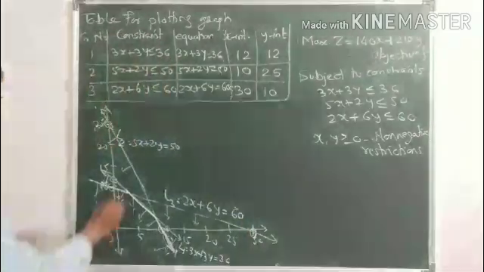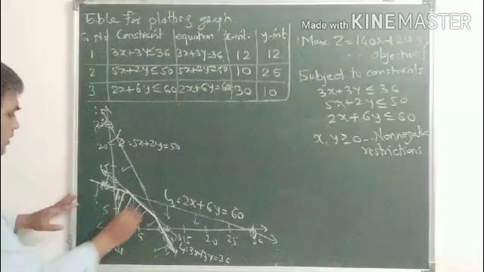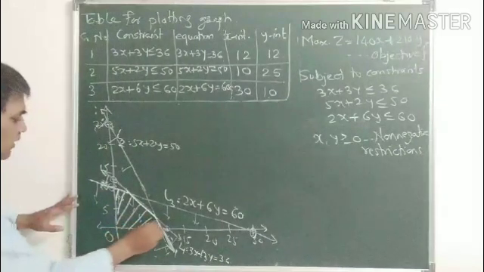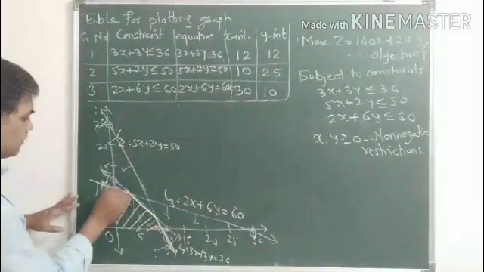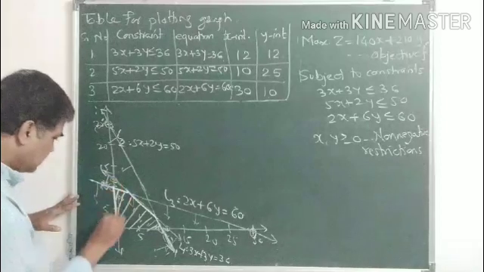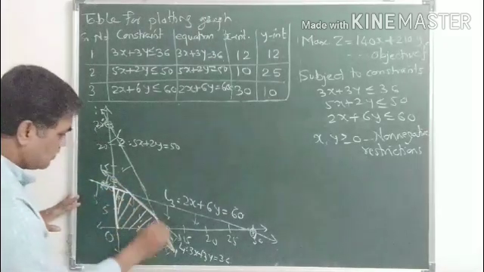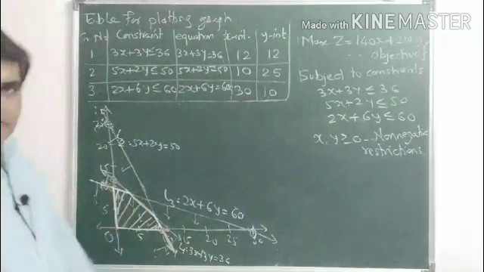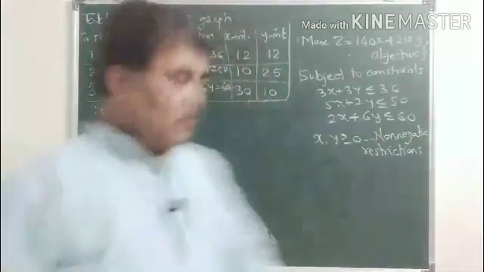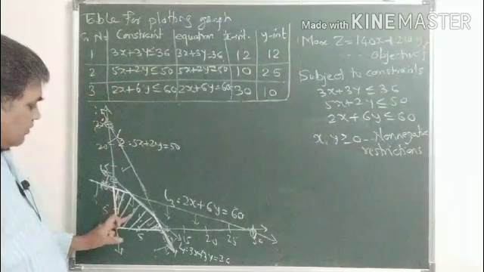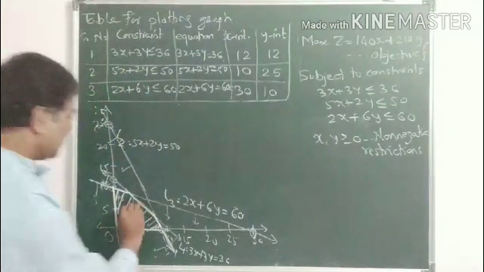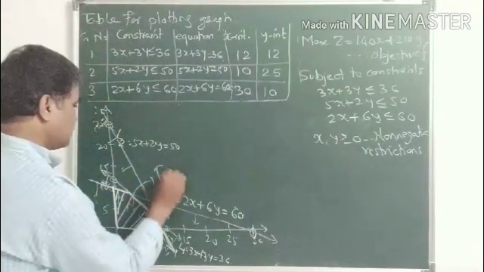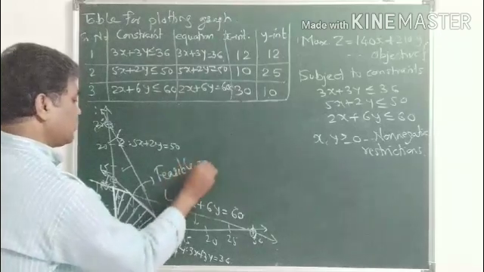That's why our common region for all inequalities is this. This is the common region, and for this region, this is known as the feasible solution region.